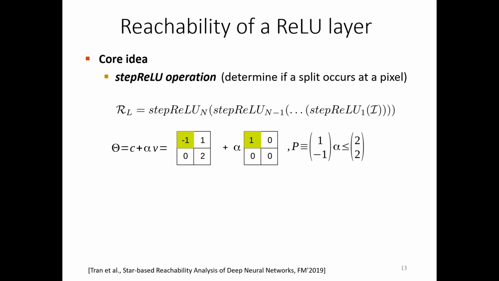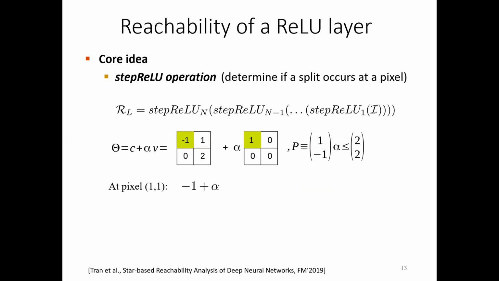Now I'm going to show you how to compute the reachable set of a ReLU layer exactly and approximately. The exact reachable set of a ReLU layer can be computed by performing a sequence of step ReLU operations. A step ReLU operation computes the output set at a specific neuron or pixel in an image star. Let's consider how a step ReLU operation works on the first pixel of this 2x2 image star.